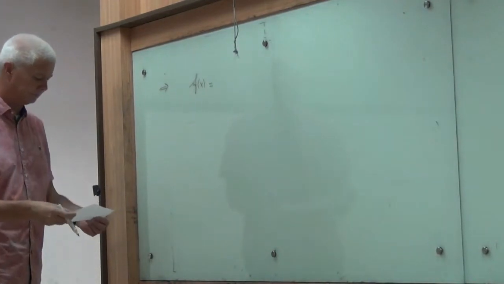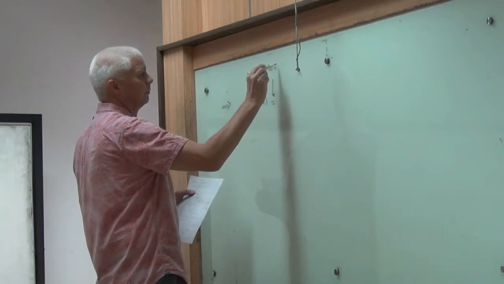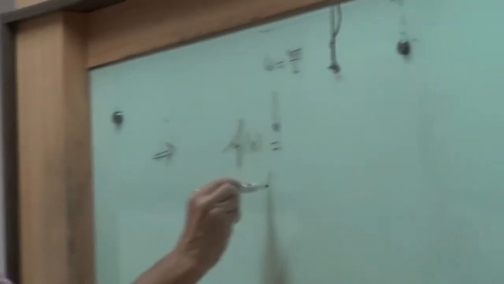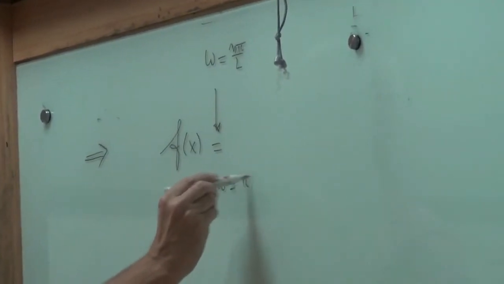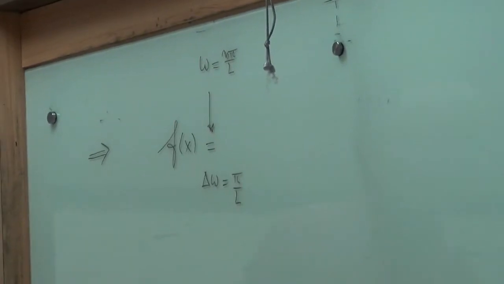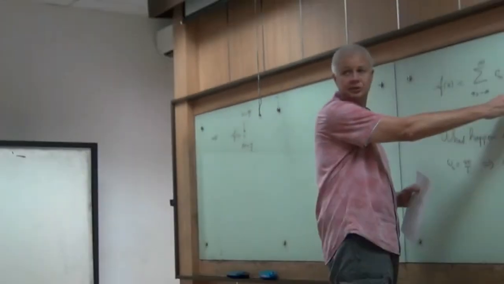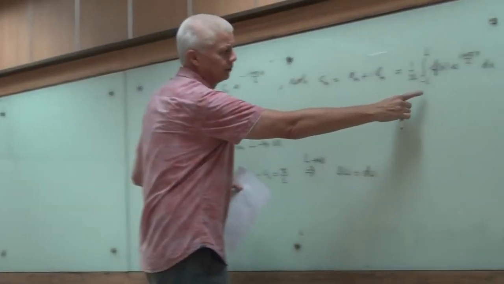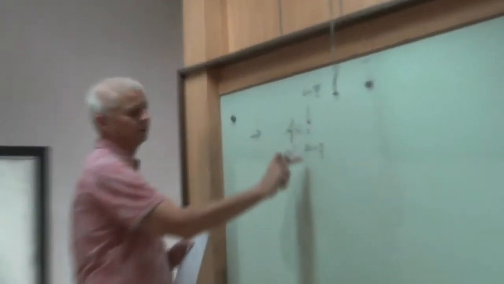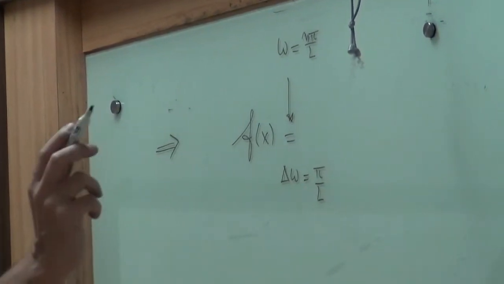f of x is equal to, let's have a look again what I have over here. f of x is equal to this, with Cn given by this integral. And I will do this in a moment. So first I write down what I have.